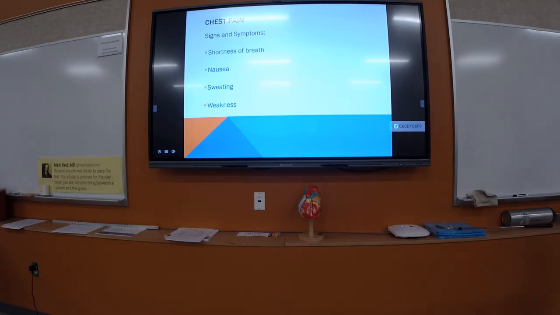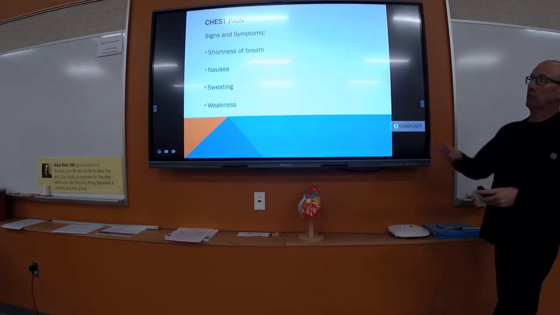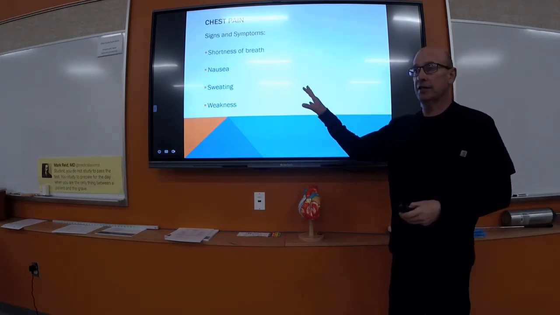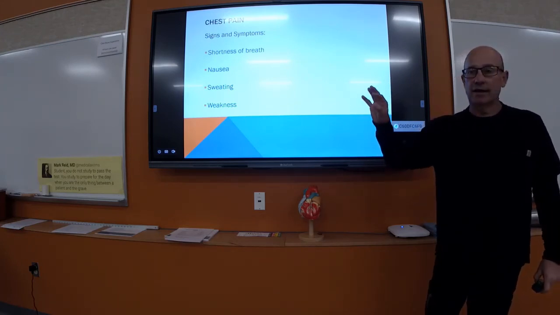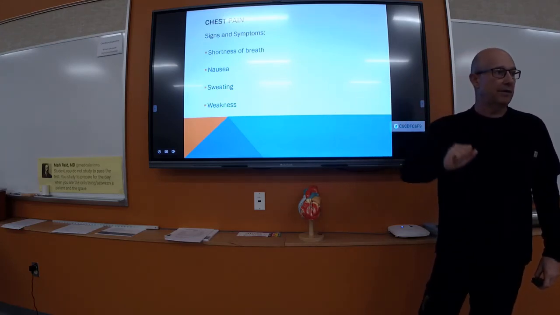So we have those signs and symptoms, and these signs and symptoms are the same whether the patient's having angina, or angina, depends on where you live, right? Or they're having a heart attack, an MI.